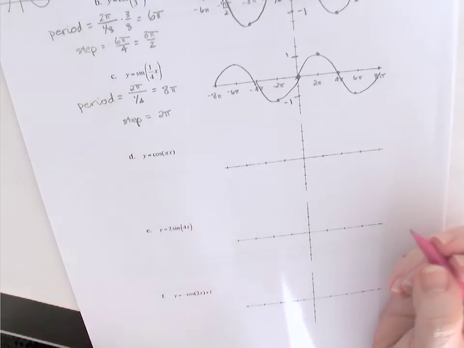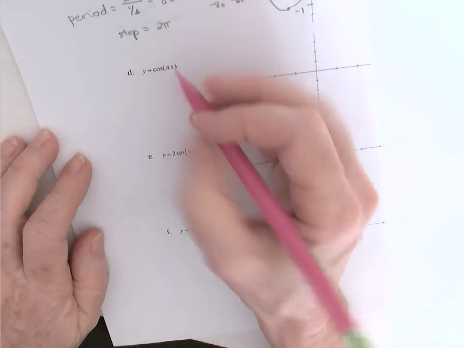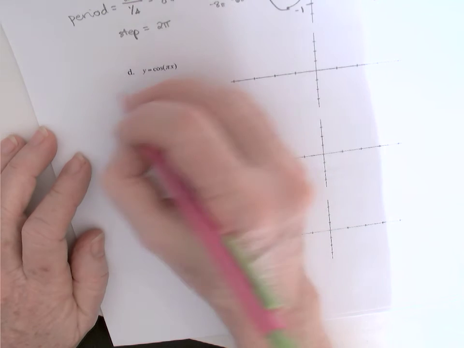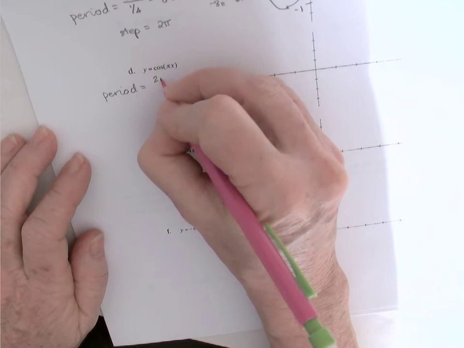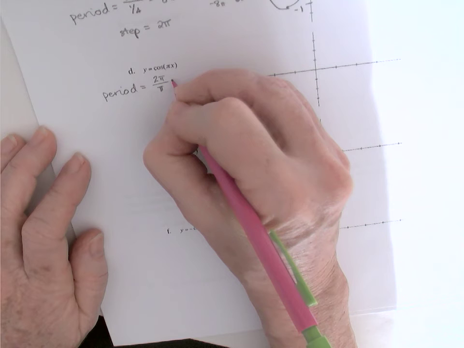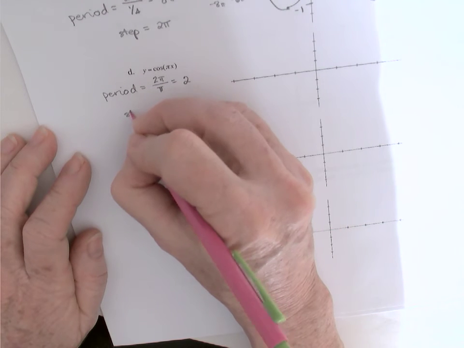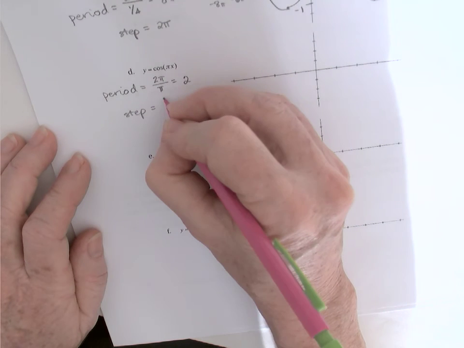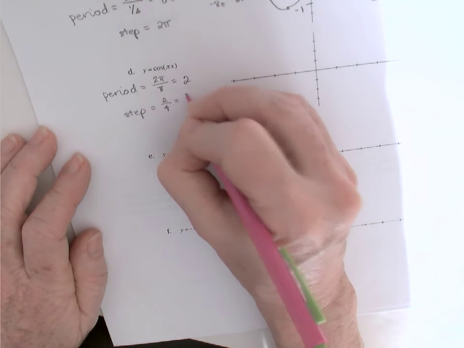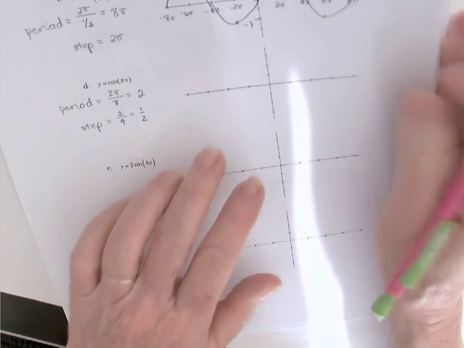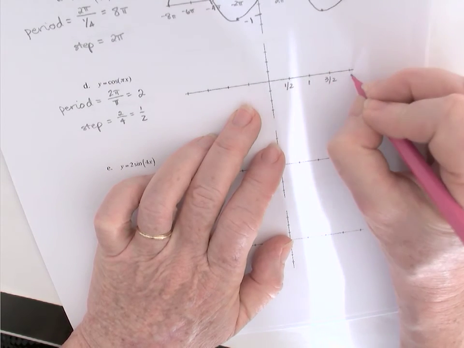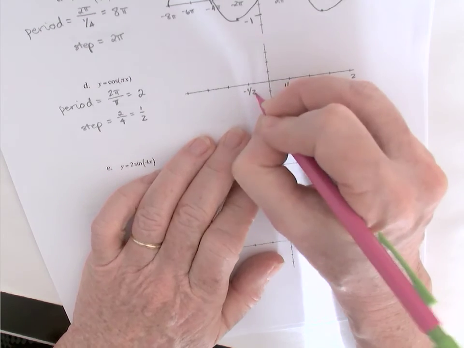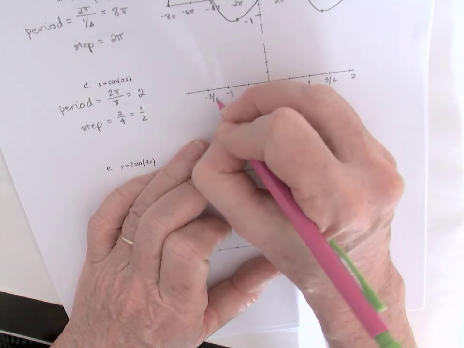Okay, so there's sine. For D, cosine. Cosine again starts up. I need to find the period. So our period for this is going to be 2 pi over pi, so our period is just 2. Each step is going to be 2 over 4, or 1/2. That's how I'm going to label: 1/2, 1, 3/2, 2, negative 1/2, negative 1, negative 3/2, negative 2.